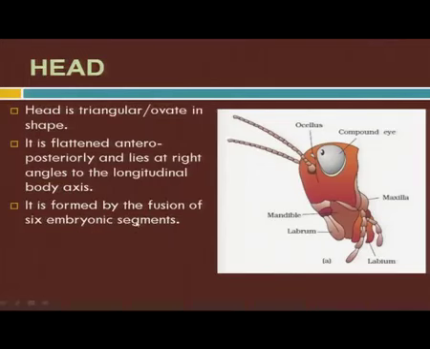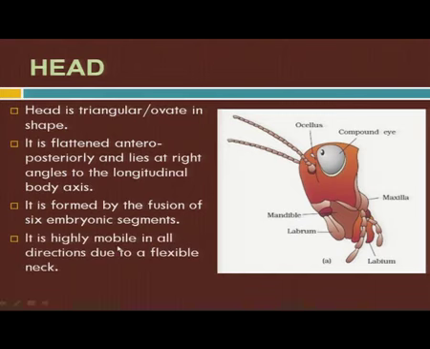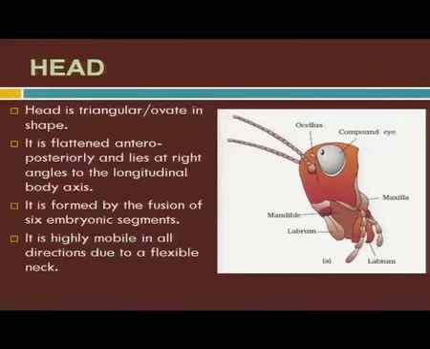Suppose this is the body axis, then the head lies at right angles like this. It is formed by the fusion of 6 embryonic segments, but in the adults no segmentation over the head region is seen. And the head is highly mobile in all directions because it has a short but flexible neck which allows it to move its head in all directions.